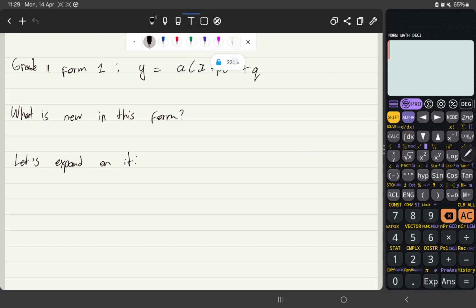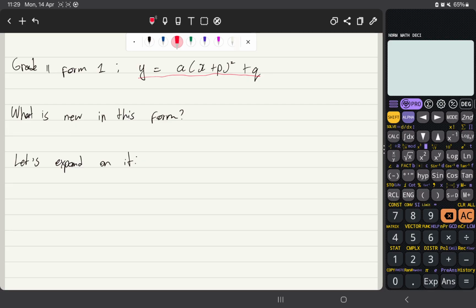This first form is very important. There are many questions on it, and the second form of grade 11 is not so difficult. But we have this one, so you have to be careful here. If you're not aware, you can easily get things wrong. So let's talk about it, right?